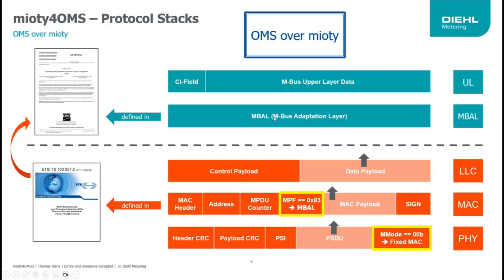It's defining that adaptation layer that is necessary to glue those upper MBUS layers to those IoT technology specific lower layers. It's just 1 byte. It's a small thing. How it looks exactly, Jakob will show you later, giving you some examples of how this really looks in a byte structure. And this MBAL layer is just gluing these upper layers that are equal to the OMS LPWAN splitting mode. It's using the same upper layers here.